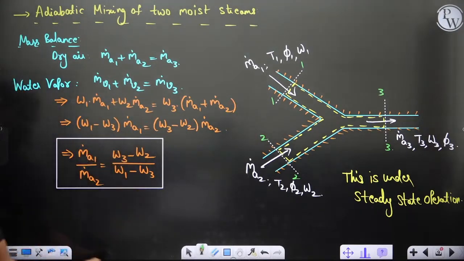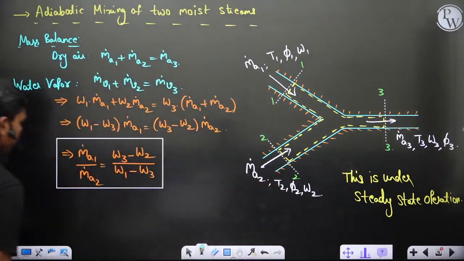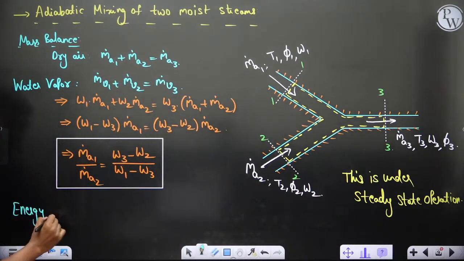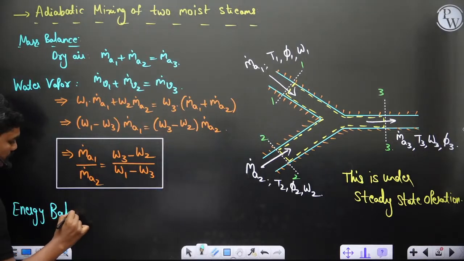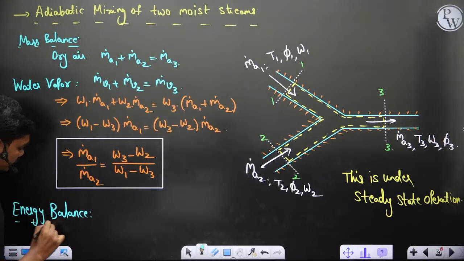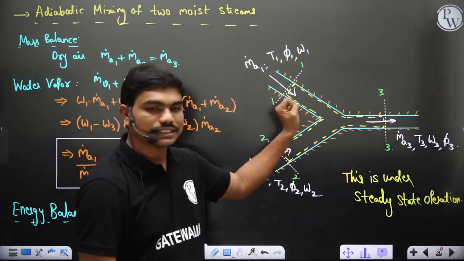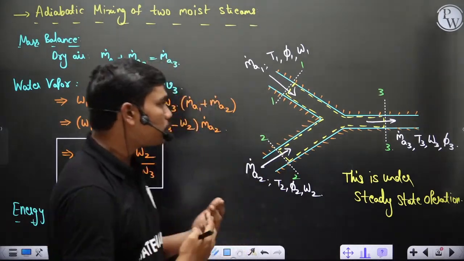Fine. Now if you do energy analysis, you applied mass balance, so now apply energy balance. Clearly this device is insulated and there is no work interaction.